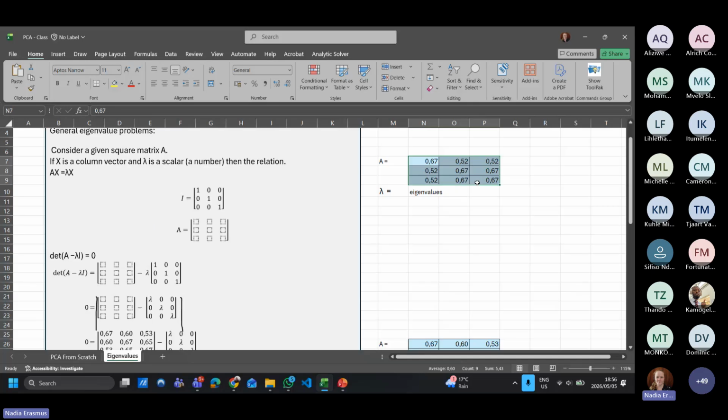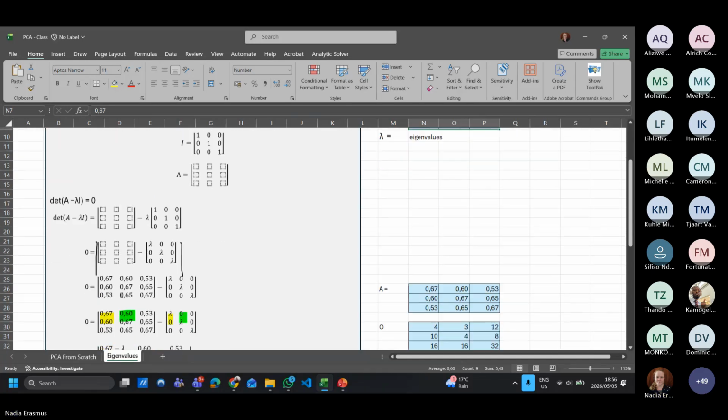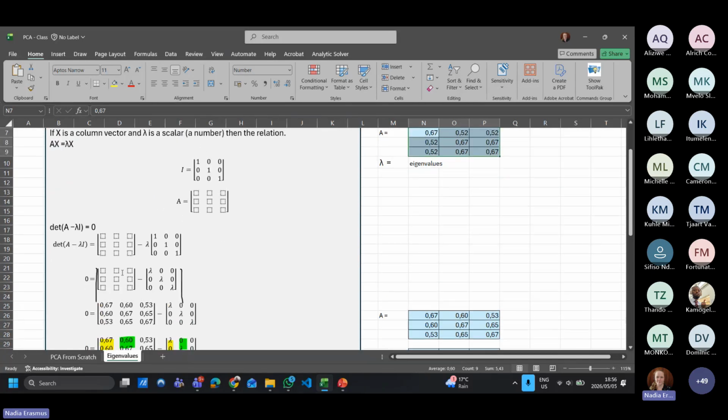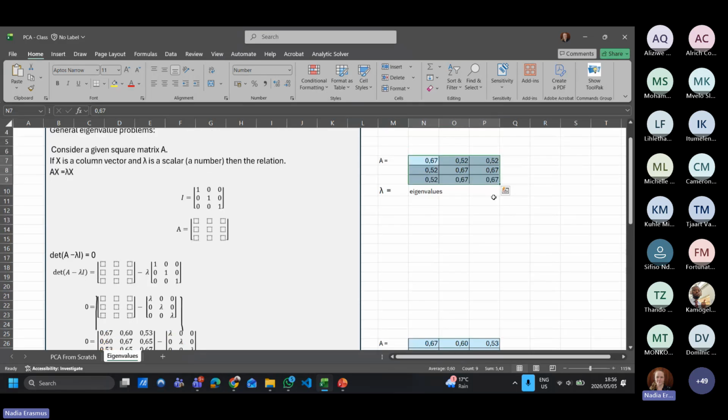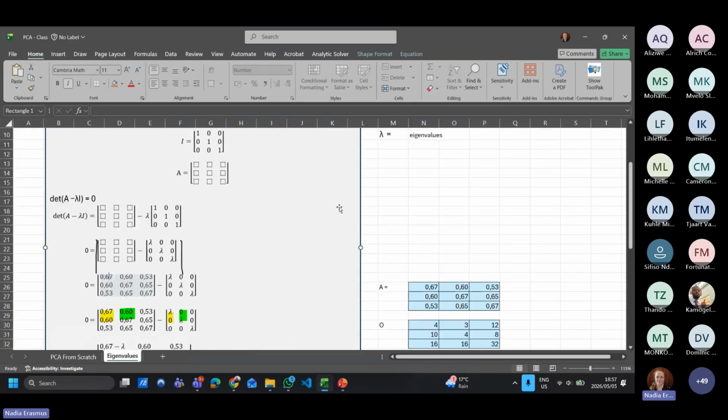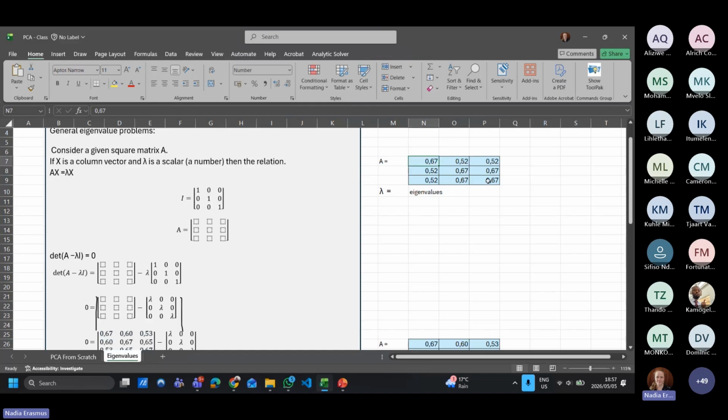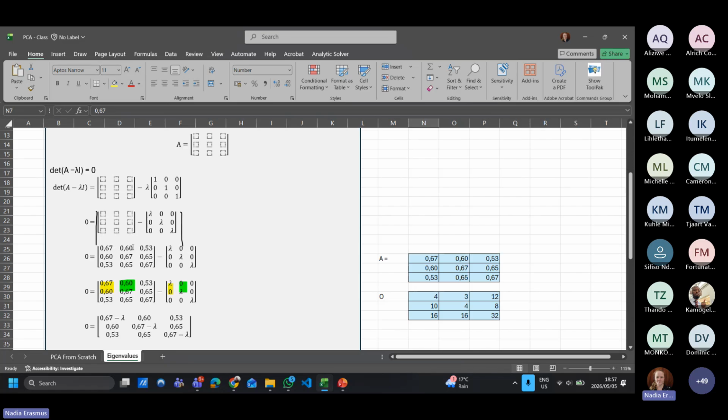Okay, so we're going to look at this now. This one is not completely exactly the same, but we're going to substitute in the values that we have. It is 0.67 everywhere except for the top two spaces, so that one is 0.52, that's 0.67, that is 0.67, that is 0.52, that is 0.52, and 0.52, that is 0.67.